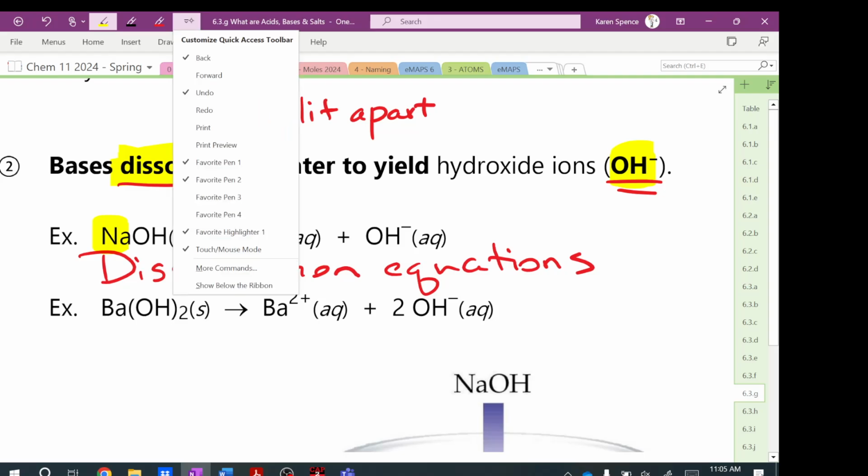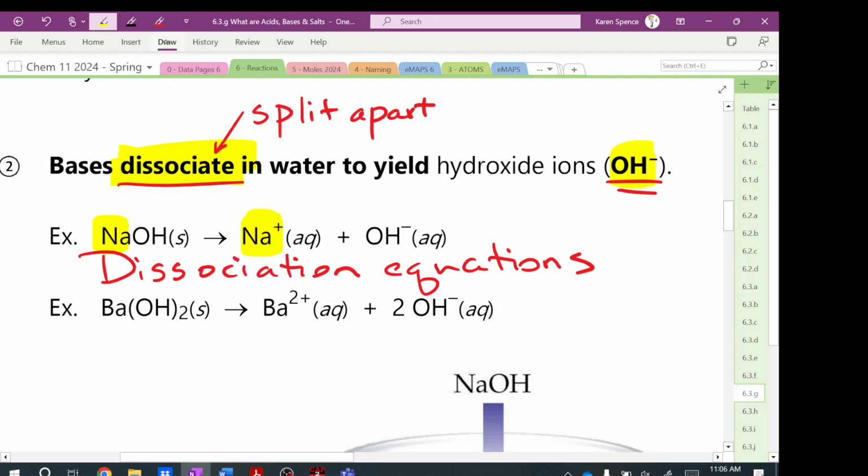When we have one OH, we end up with one OH. But when we have a different compound that has two OHs, do those two OHs stay together? Or do they come apart? They come apart. So these are two separate OHs.